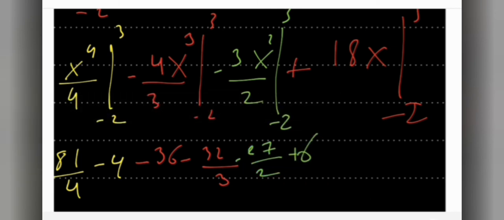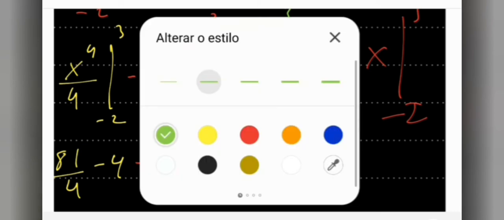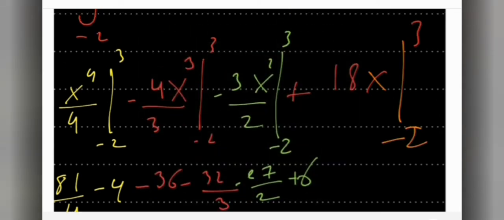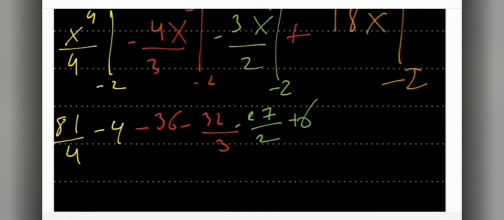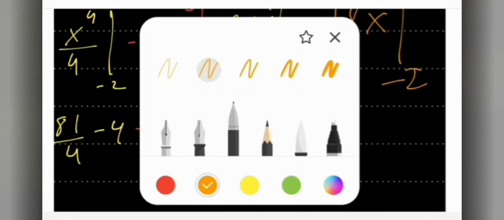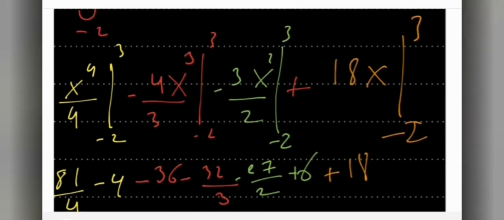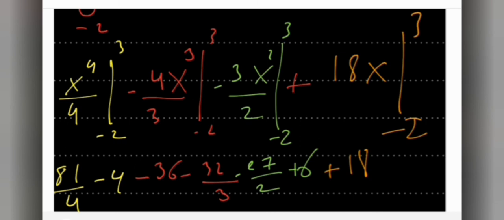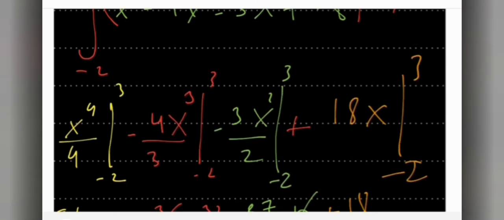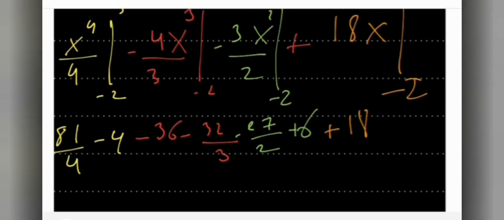Now for the last part, let me see if I can find another color over here. Orange. Okay, orange. So the last one, I think it will be easier. Now we have plus 18x. 18 multiplied by 3, we have 54. So we will have 54, right?